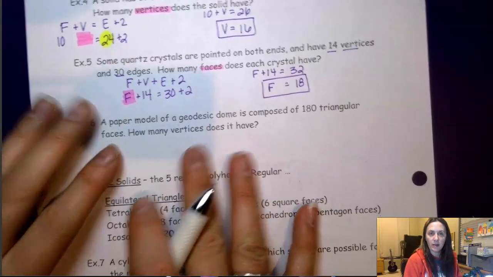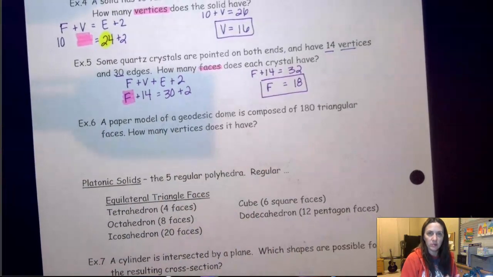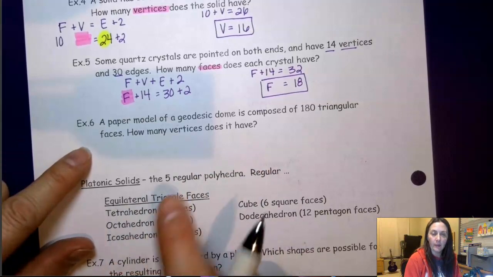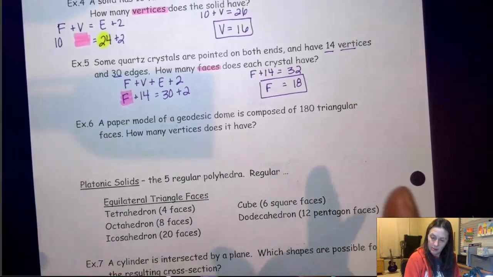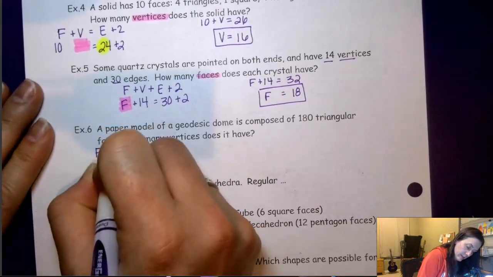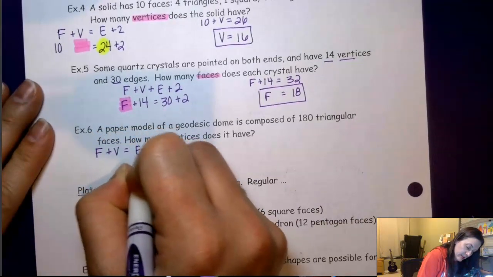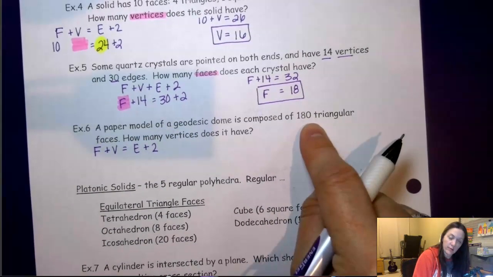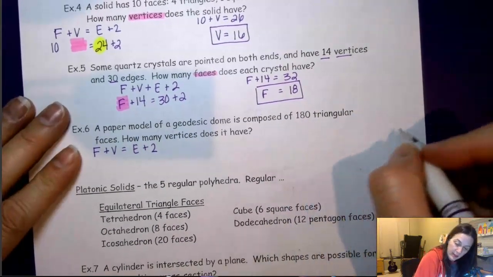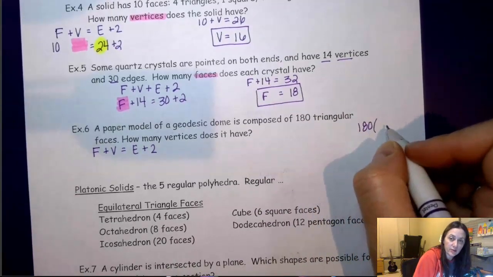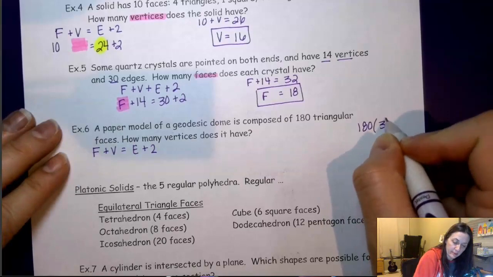Here I have a paper model of a geodesic dome. It is composed of 180 triangular faces. How many vertices does it have? So again, we have faces plus vertices equals edges plus 2. I have 180 triangular faces. That's 180 triangles, which means each of those triangles has 3 sides.